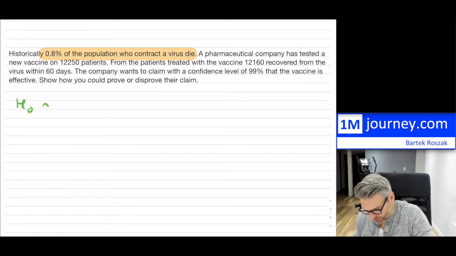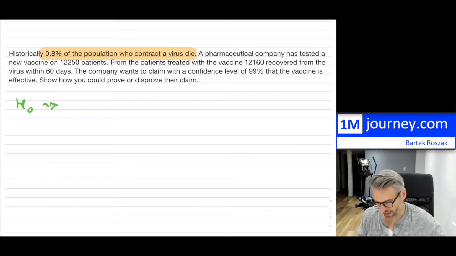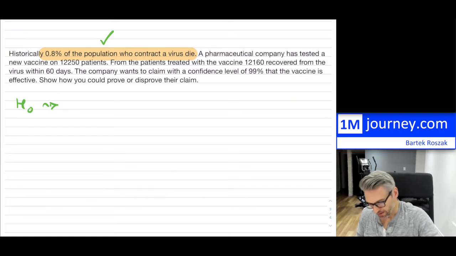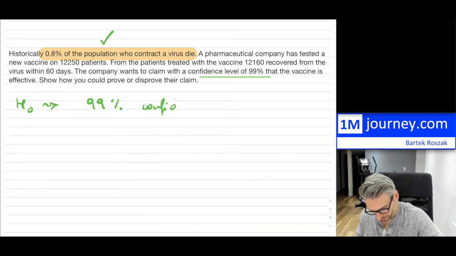Let's say our original hypothesis is that 0.8% of the population who contract the virus die, and the company wants to claim with a confidence level of 99% that the vaccine is effective.